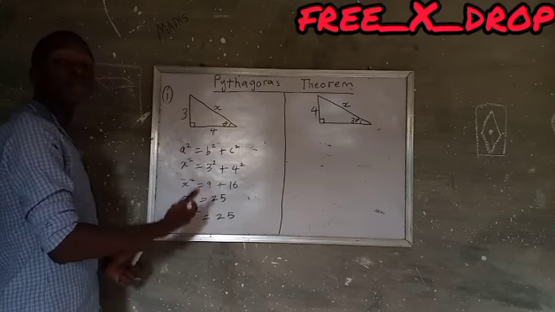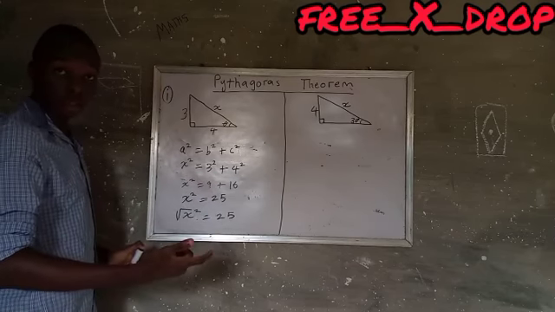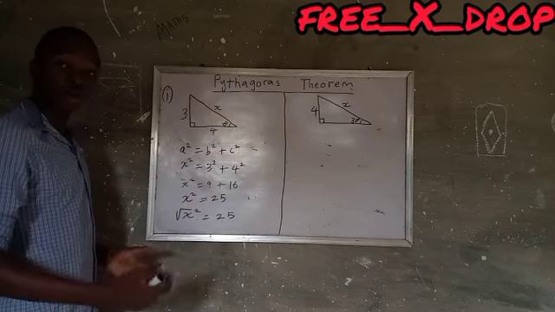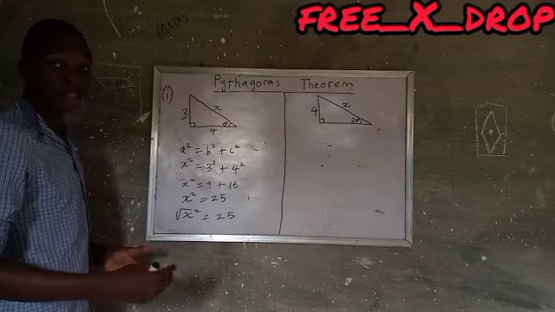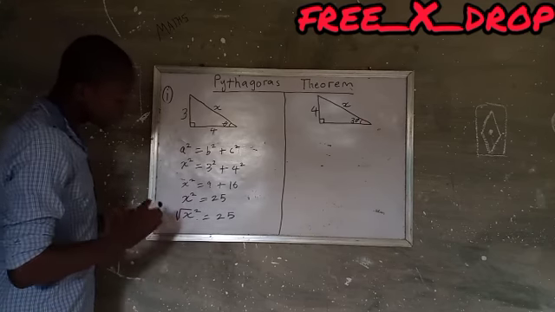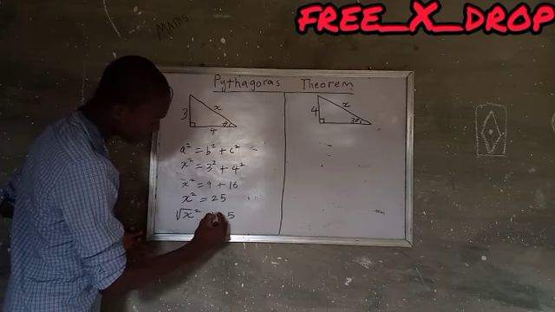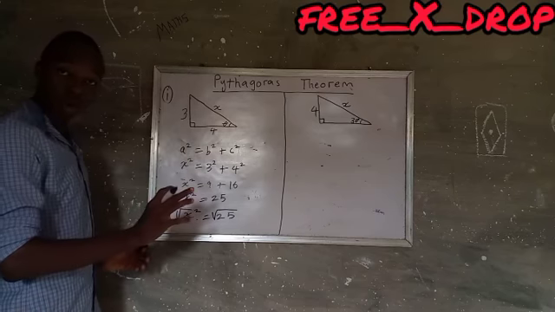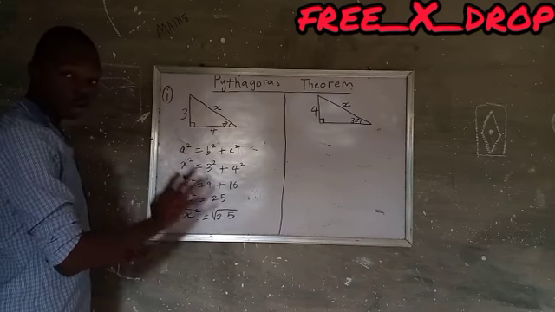I taught you this when we were doing simple equation and collection of like terms. So if you have not watched those, I advise you watch them. The videos are also available in the channel. So now we simply apply a square root here, and now it's balanced. Square root here, they are equal.